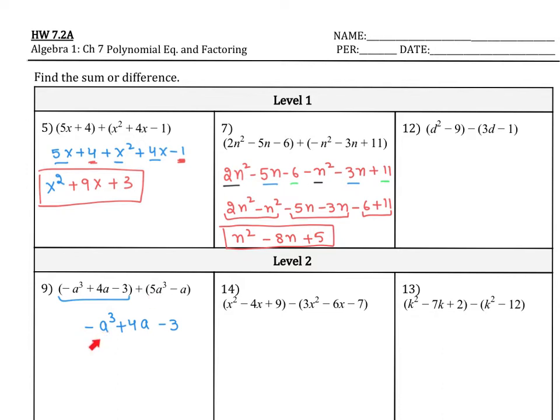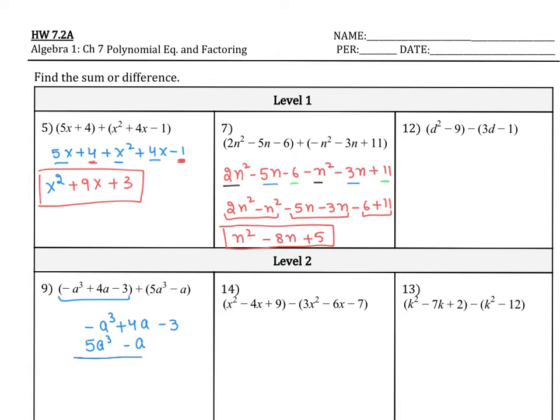So you're going to write here 5a cube. And we're going to write a underneath a. So we're going to write negative a underneath 4a. There is no constant term that can be written underneath negative 3, so I leave it blank.